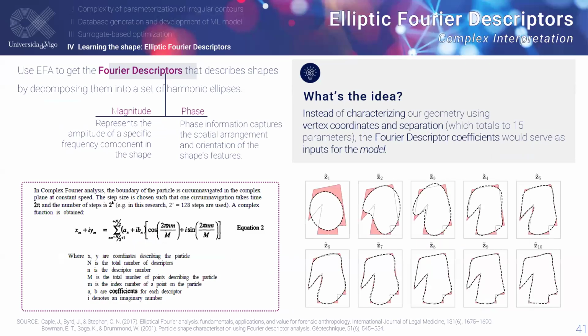So the idea was to measure the Fourier descriptors, which is basically you construct a complex contour and get the magnitude and the phase by applying the Fourier transform to the contour. And the idea is that the first Fourier descriptor is going to hold the most general aspects of the geometry.